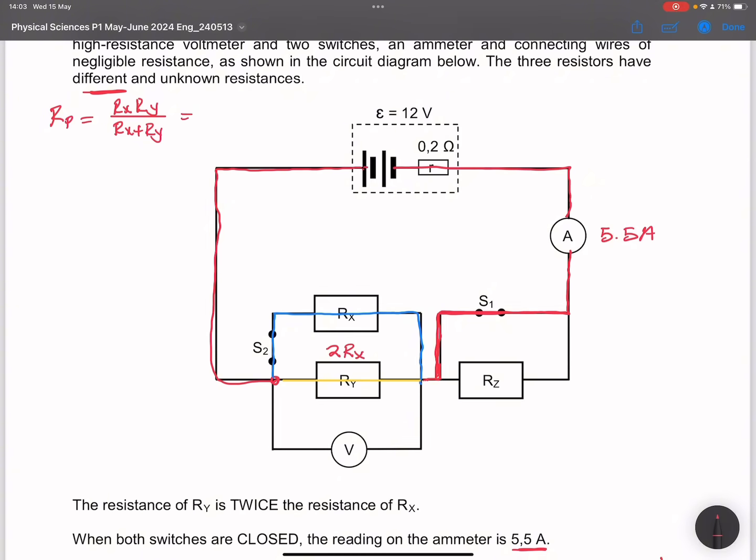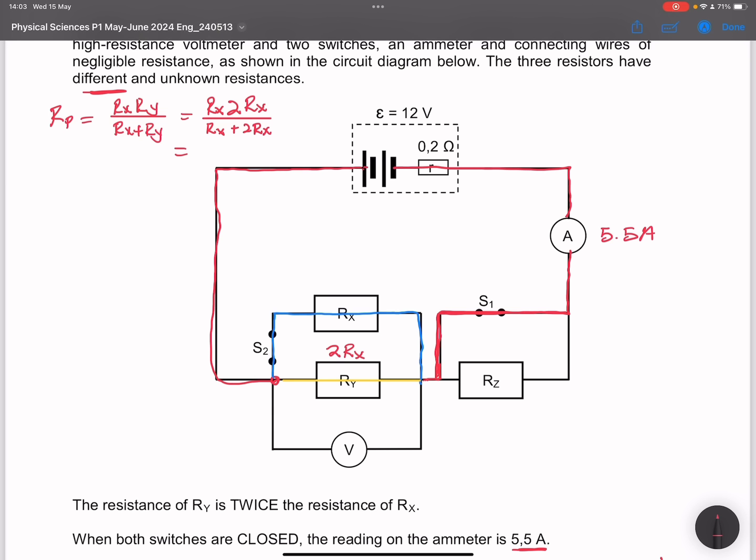So my Rx value is Rx, but Ry is 2 times Rx, divided by Rx plus 2Rx. So what does that give us?